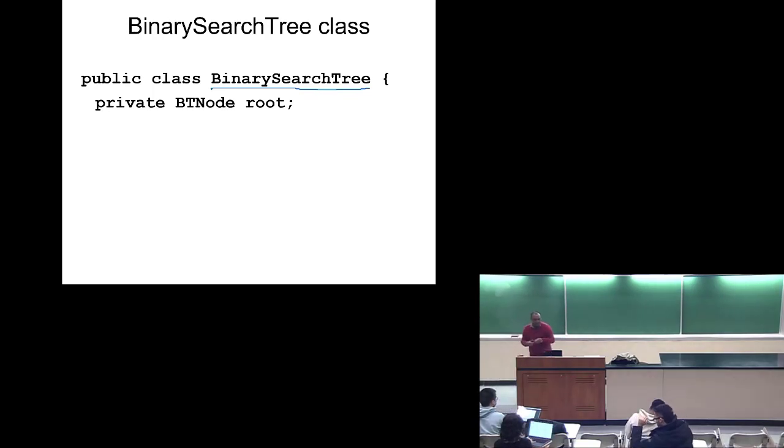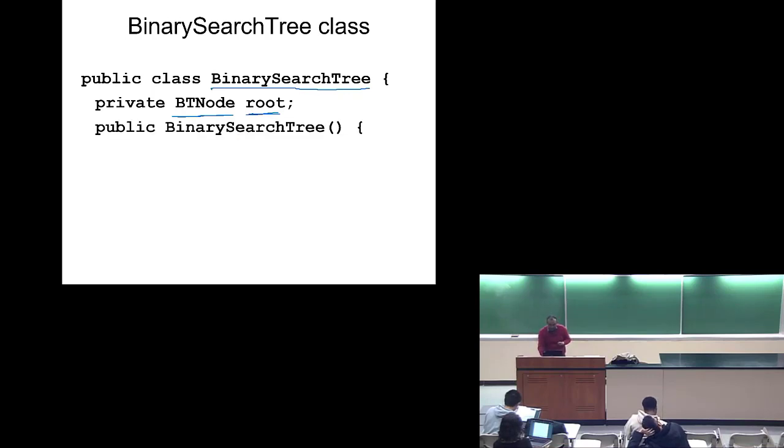And look at this data field, which we will call root, and its type is BT node type, which we learned, right? So this is the basic node which will help us in creating this beautiful structure of binary search tree, right? And in the BT node, if you remember, we have these three data fields for data, for the left reference and the right reference, right? So yeah, we need to remember what we learned in the previous class, right? Okay, so that's the data field.